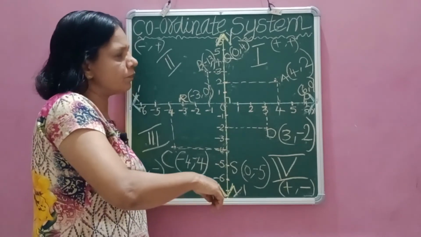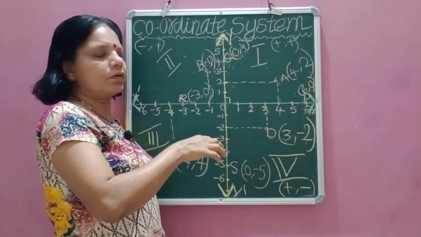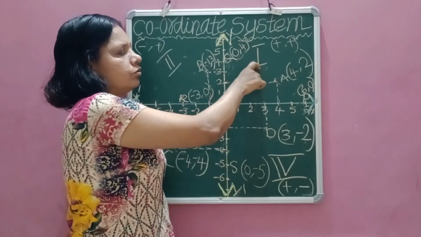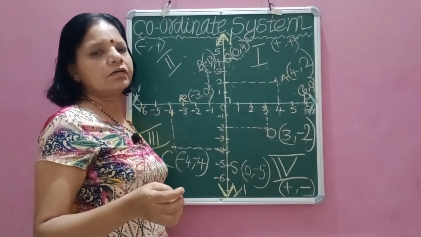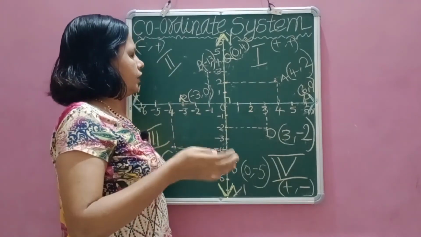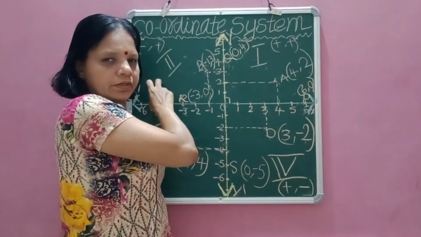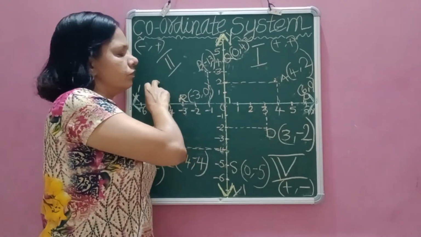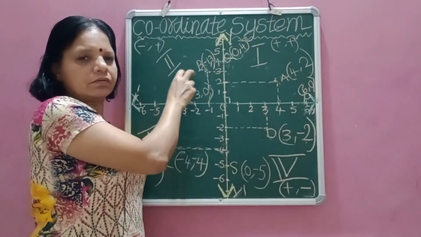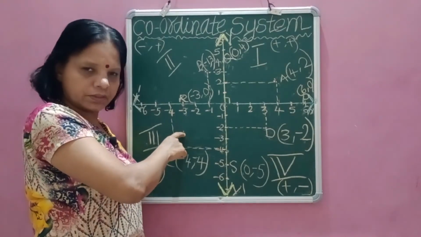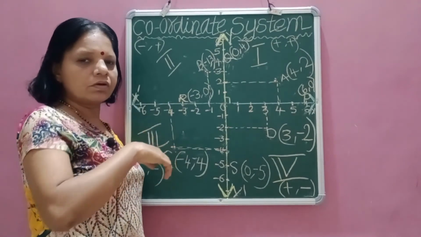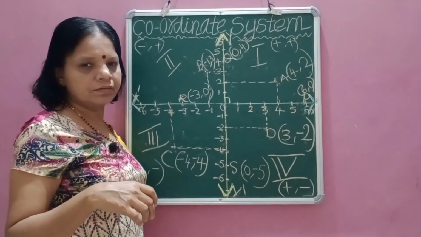So what is this property? Any point in the first quadrant, both the x and y coordinates are positive. Any point in the second quadrant, x negative and y positive. Any point in the third quadrant, both the coordinates are negative.